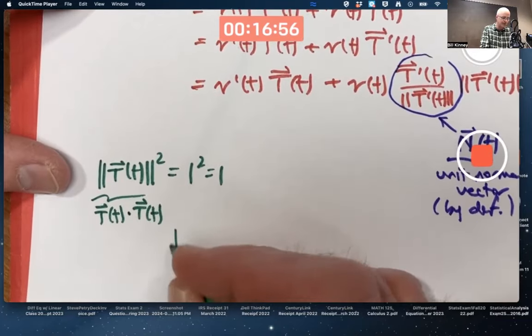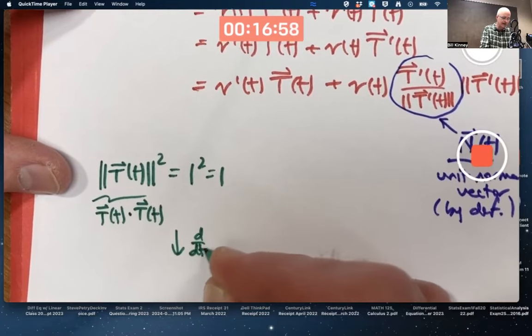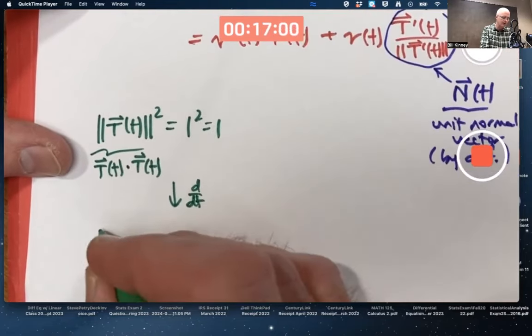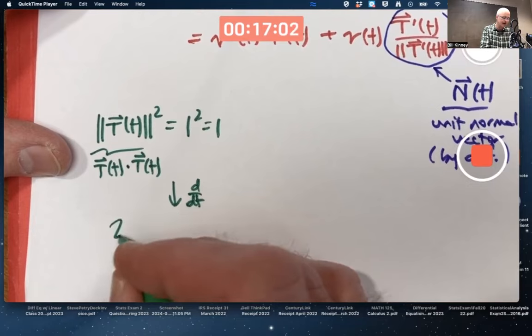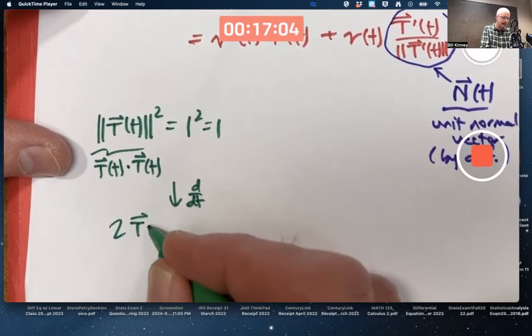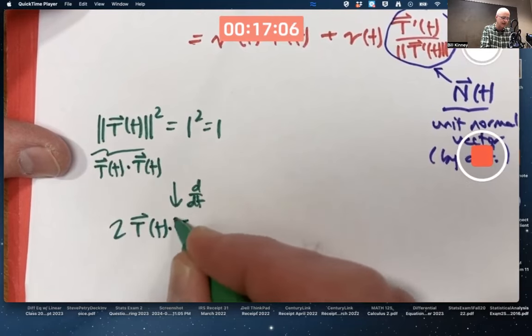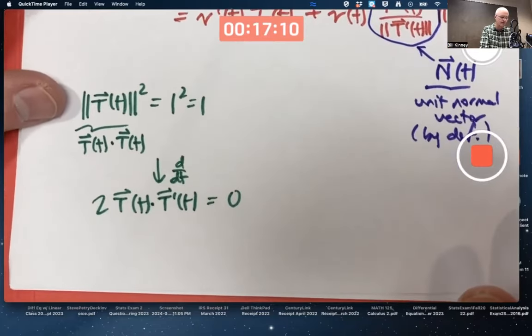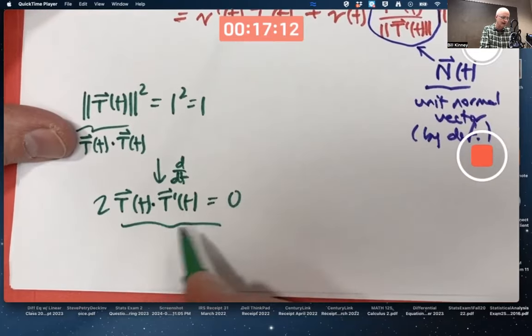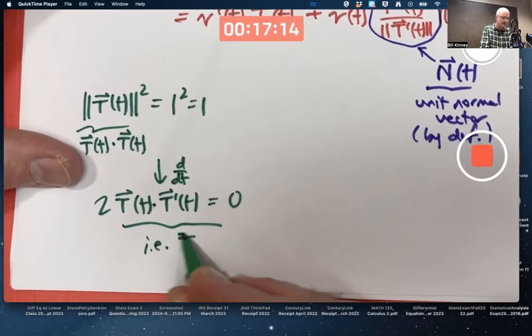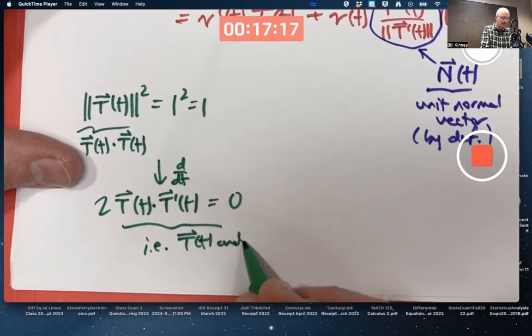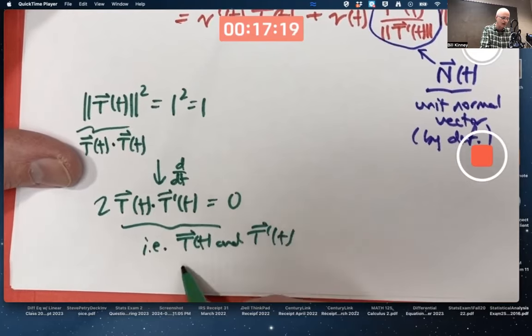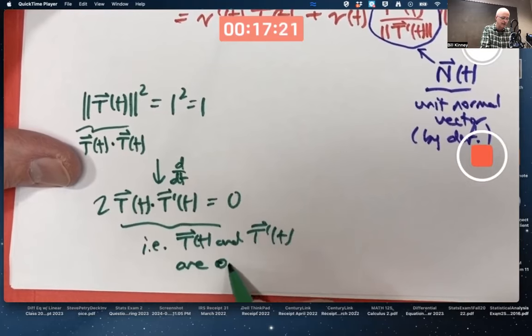If I differentiate both sides of this equation with respect to t and use the product rule on the left and simplify, I get 2 times capital T of t dotted with capital T prime of t equals the derivative of the right, which is 0, i.e. capital T of t and capital T prime of t are orthogonal or perpendicular or normal.